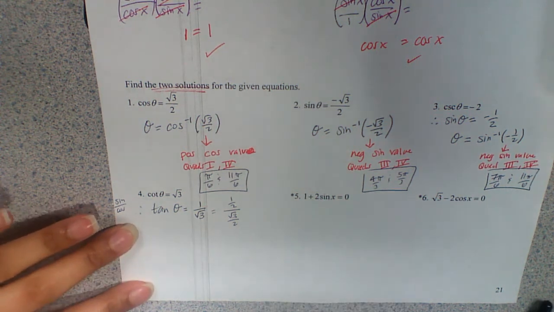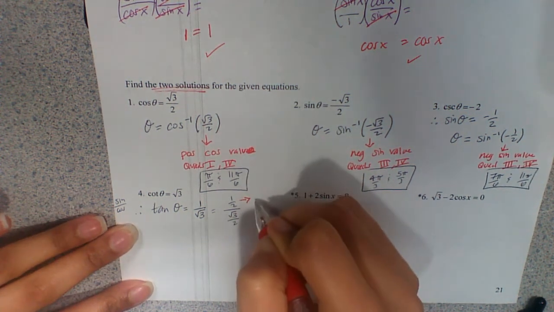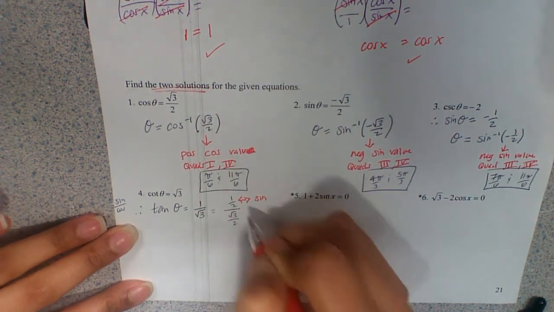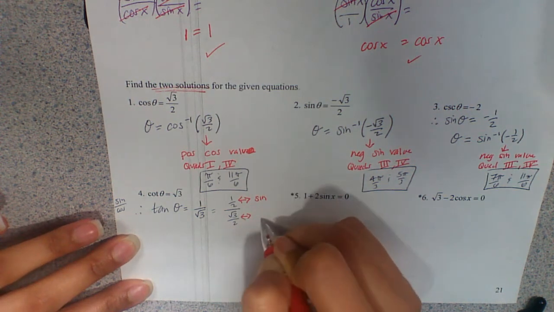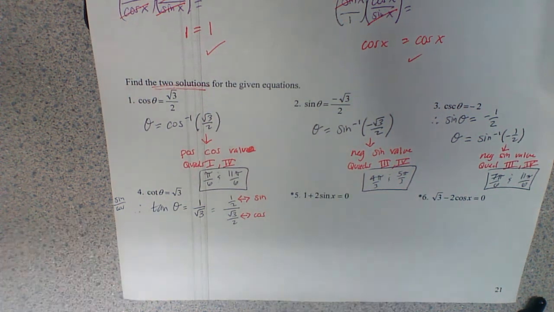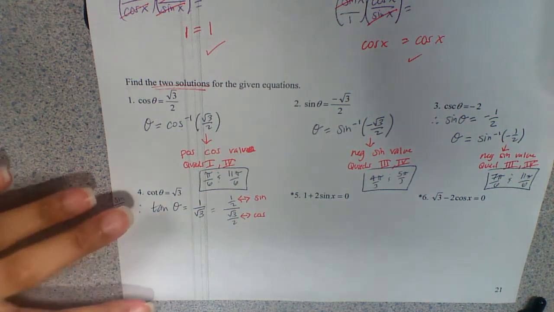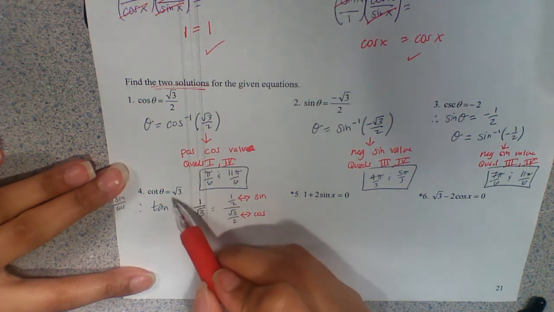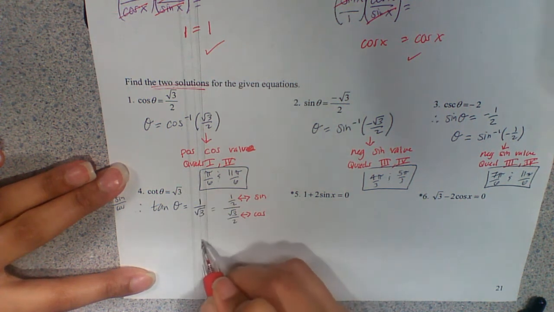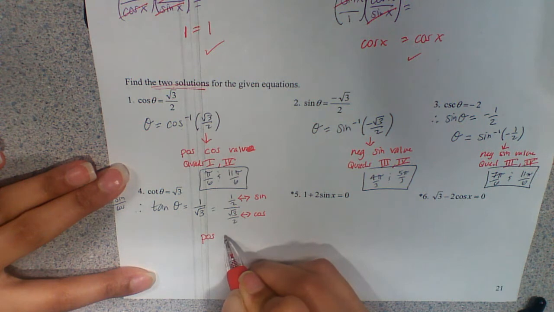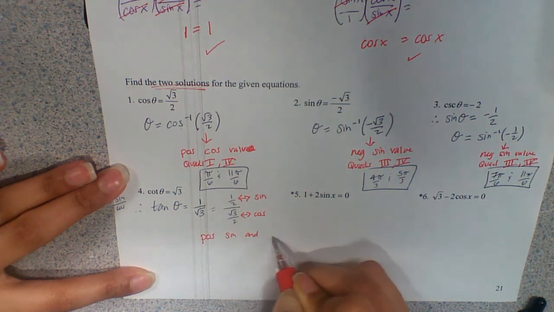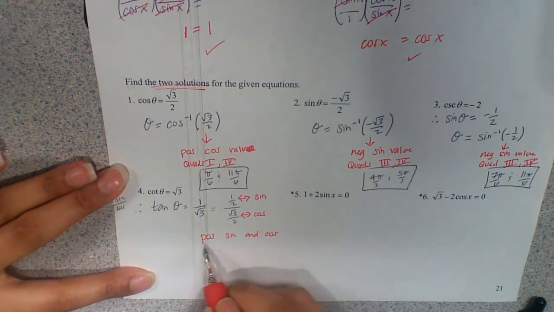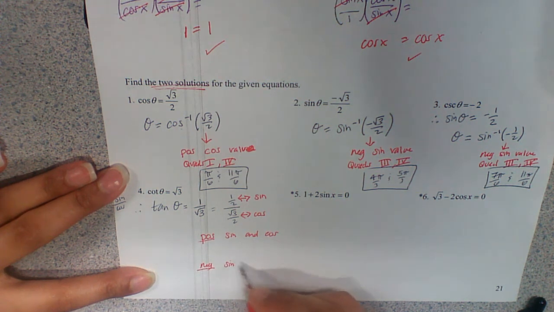And so I know that I'm really looking for sine to be a half and cos to be square root of 3 over 2. A couple of things on that. Because this is a positive value, I need to look for two things: where are sine and cos both positive, and where are they both negative?